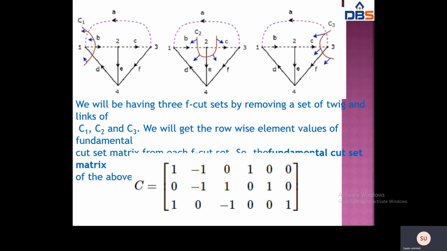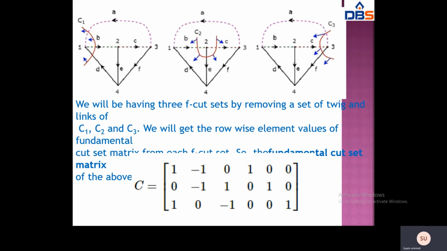So for D, the link direction and tree branch direction will be same. Whatever the tree branch direction, you put that direction. For D, same direction, put it as 1. For B, it will be opposite, put it as -1. For A, same direction, 1. Remaining will be 0.